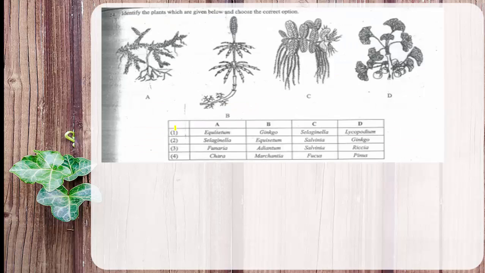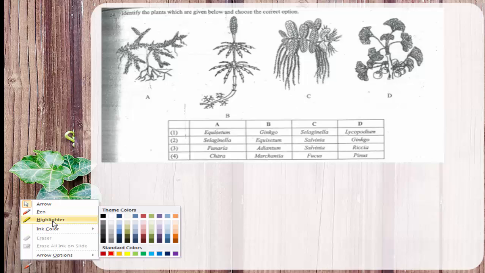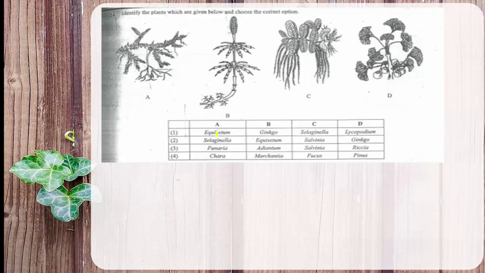Yes, moving to the next question. Again, some images are given with respect to pteridophytes and gymnosperms. What does image A represent here? A is Selaginella, which belongs to Lycopsida.